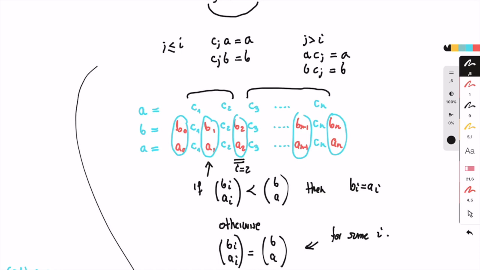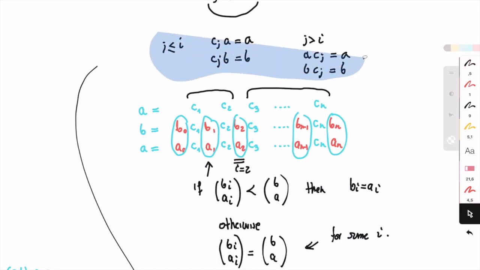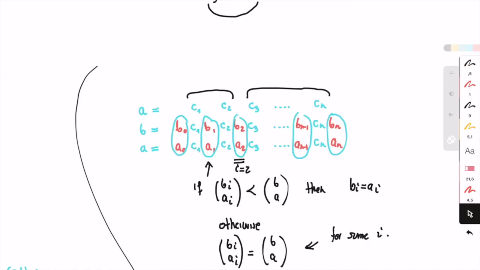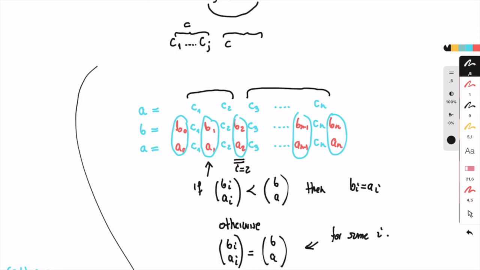If we combine this information, it follows that C1 up to Ci, let's call this C, and Cj plus 1 up until the end, let's call it C prime, have the following properties.